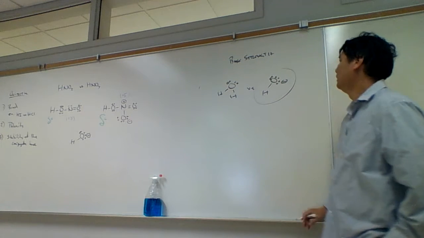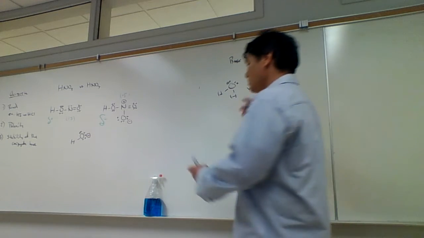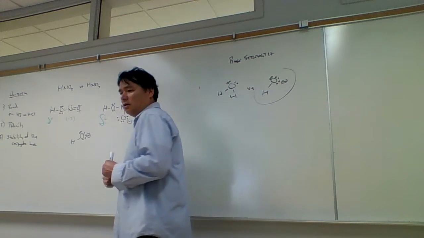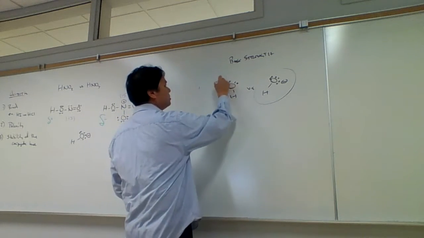Why? Why would it be more prone to accepting? Is it because it has 3 lone pairs versus 2 lone pairs, or is it because of the charge on the oxygen? Well, it's because of the charge on the oxygen. This has a full negative charge, whereas the oxygen in water only has a partial negative charge.